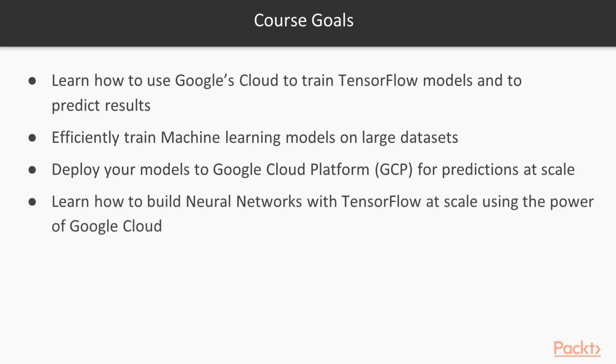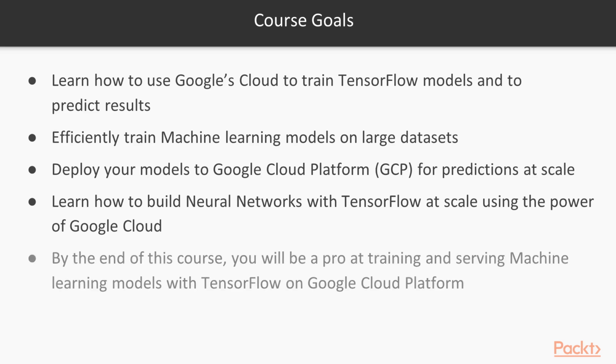And finally, we will briefly cover neural networks and how we can build them at scale using the power of both Google Cloud and TensorFlow. So if you want to sum it up, you could say that by the end of this course, you will ace at training and serving machine learning models with TensorFlow on Google Cloud, and even beyond.